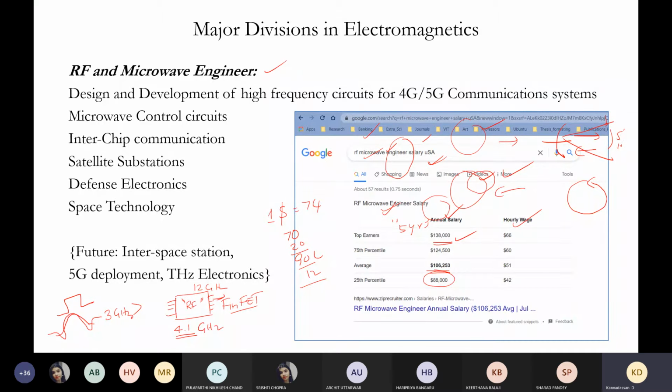So now you see that Intel is recruiting RF engineers. In fact, one of my friends who works in the field of VLSI called me and asked the reason why Intel is now recruiting RF engineers, because he knows that I am an RF engineer. He always asks this kind of curious question.